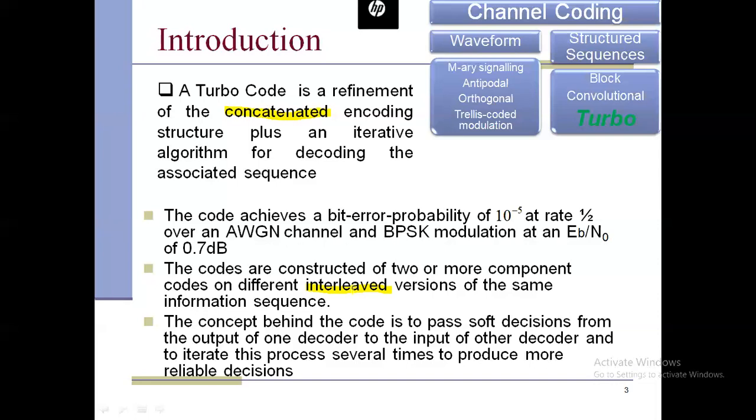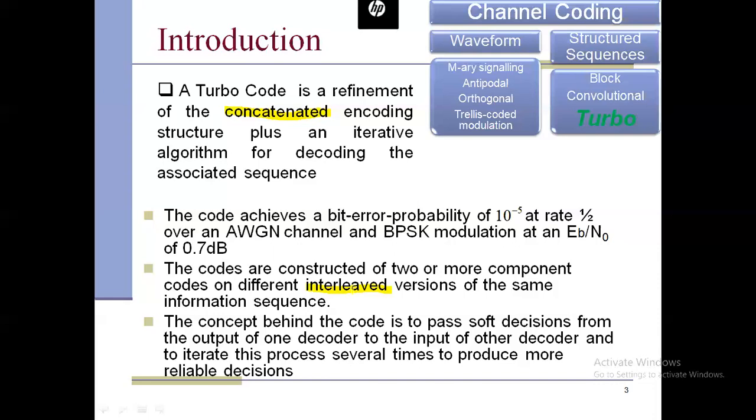So the interleaving structure depends on what type of encoder we are using. For example, the interleaving for a convolution coder is different from what we use for an RSC encoder. So coder 1 and coder 2 can be similar, or can be of different form.